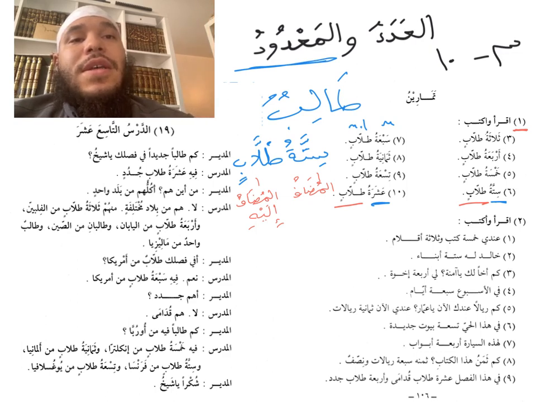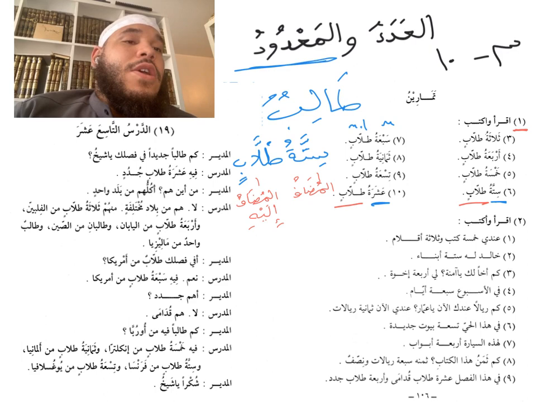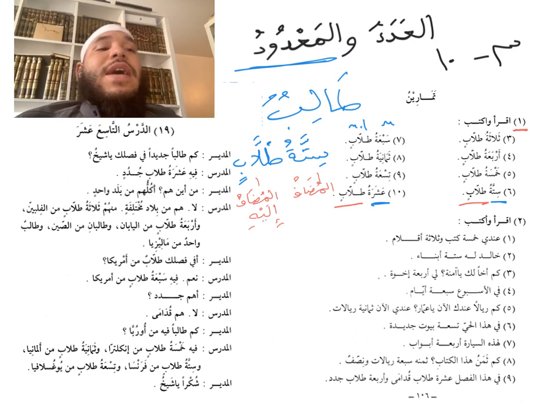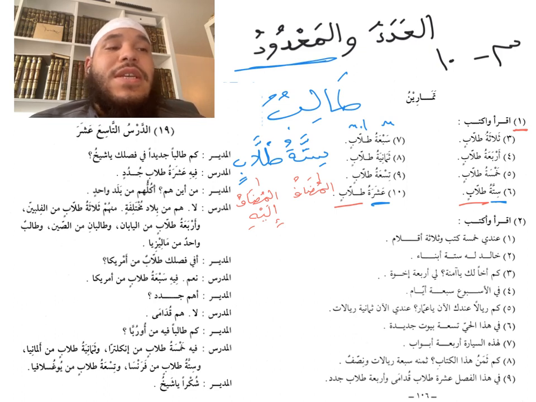Kasra. It takes kasra. So this is how we count from 3 to 10. In lesson 19, we are talking about counting things that are masculine. We use the feminine number, and then the thing that you're counting, the noun, is in the plural form, as you can see in these examples.